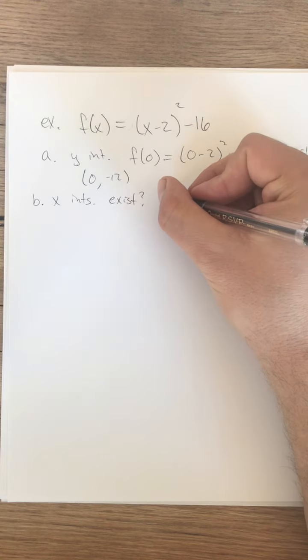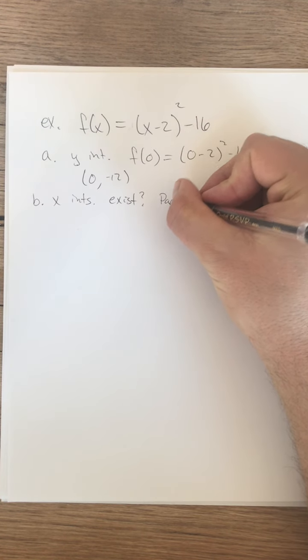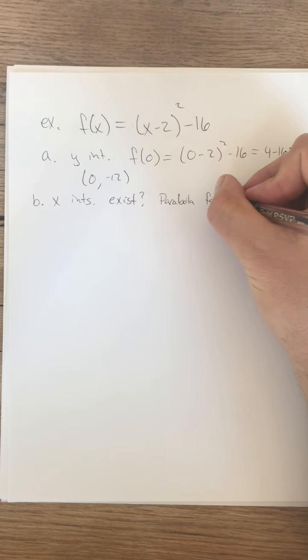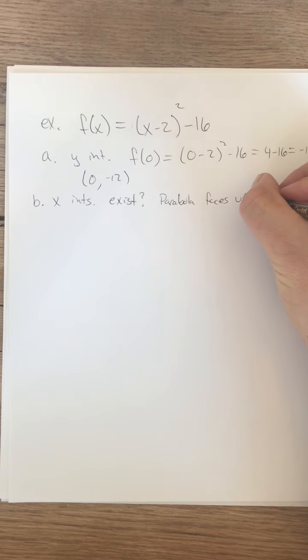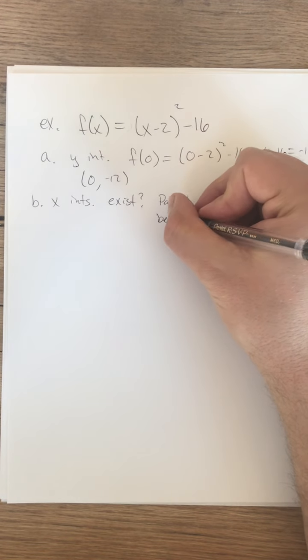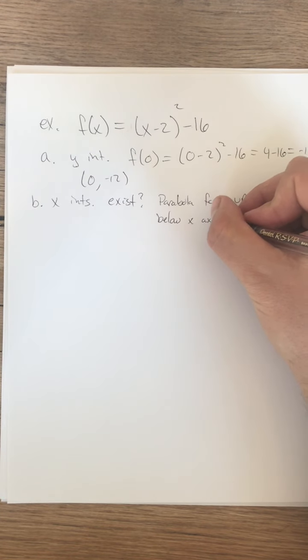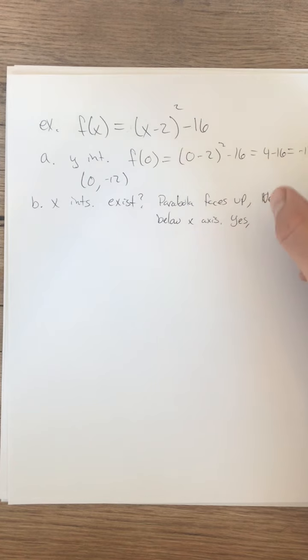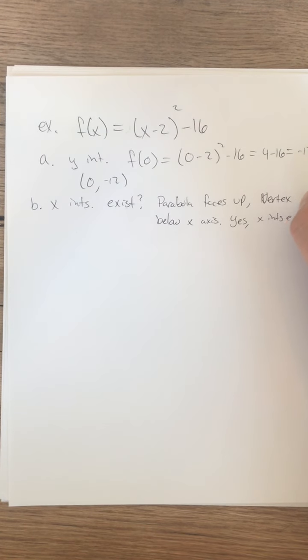So we could say the parabola faces up, vertex below the x-axis, so we know that x-intercepts exist.